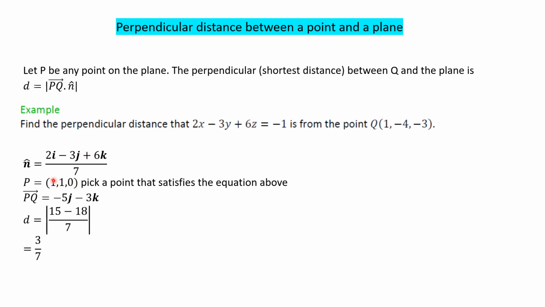So this is the point that we want. And then we take the dot product between PQ and the normal unit vector, and then you take the magnitude of it, and that is the shortest distance between the point Q and the plane.